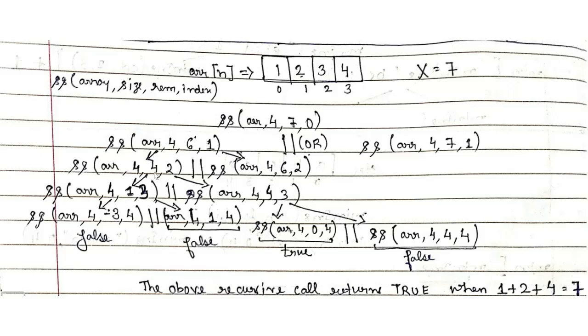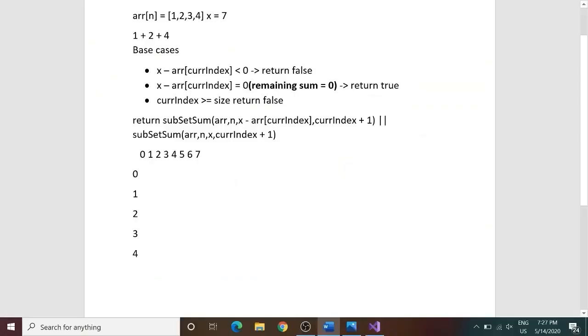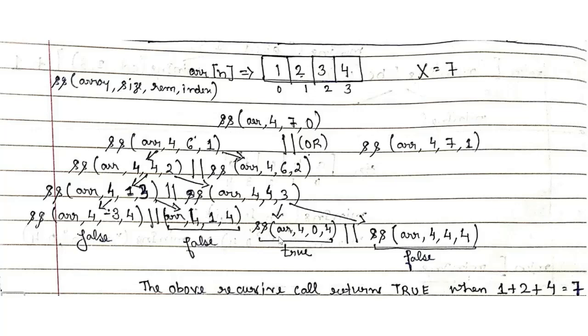And what does 1 plus 2 plus 4 sum up to? It sums up to 7. And hence my answer was true in this case. So the number of trues you get in your leaf nodes is the total number of subsets which sum up to 7. Each and every path is actually a subset.